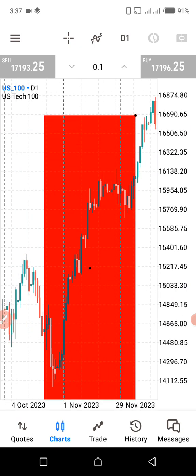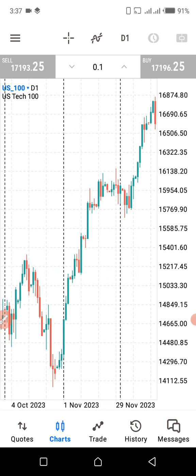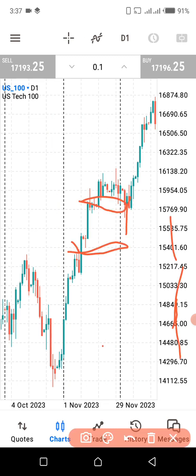You can see once this high was broken, we have this market coming down to trade inside this fair value gap. I hope you can see the range now, because I'm removing it so that you can see very well. You can see the market coming inside this place to act as a resistance.